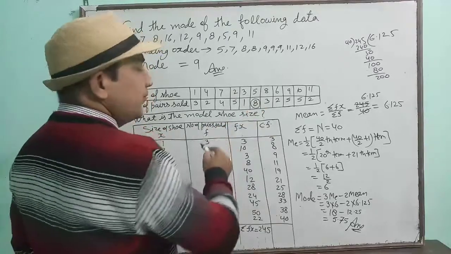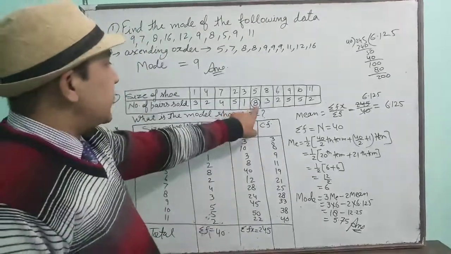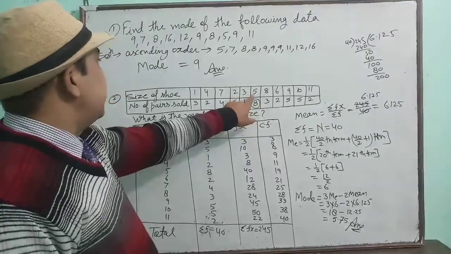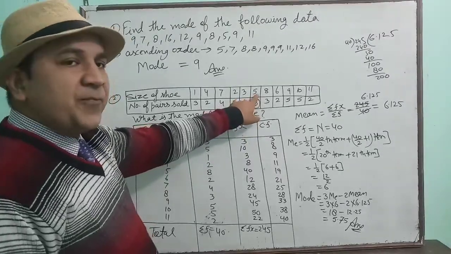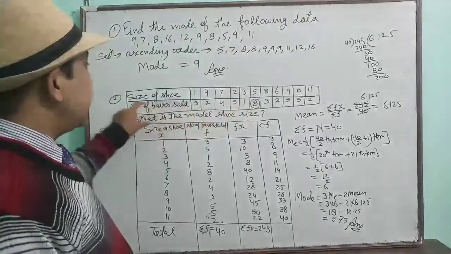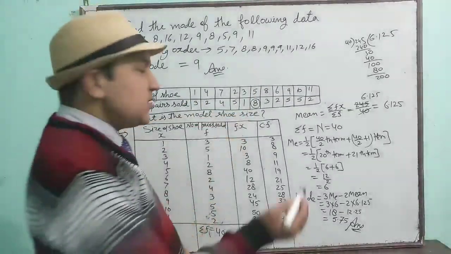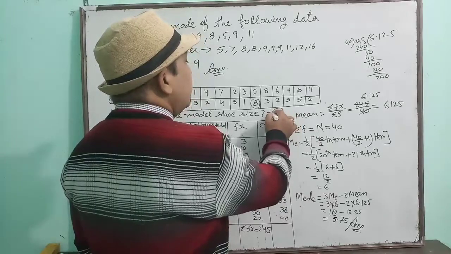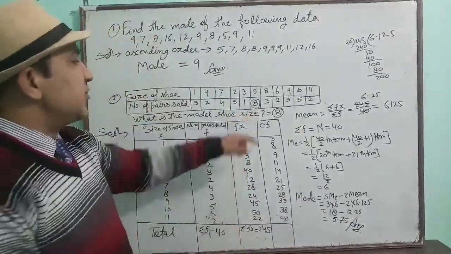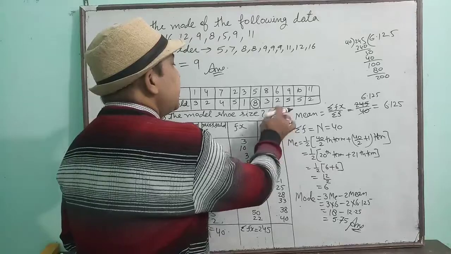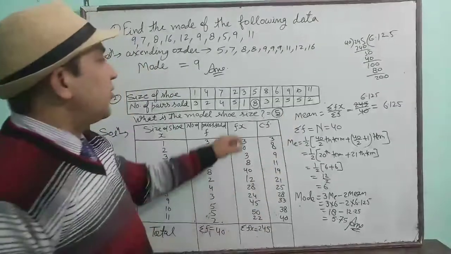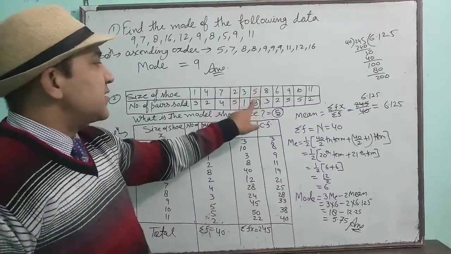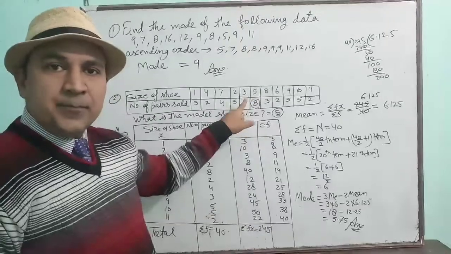If the maximum frequency is 8, that means the modal size is 5. Suppose I ask you what the modal shoe size is. Directly you can write that the modal shoe size is 5, because size 5 has the maximum frequency.